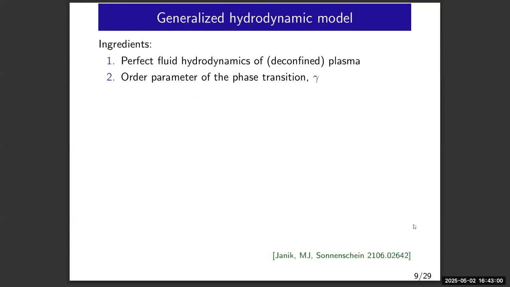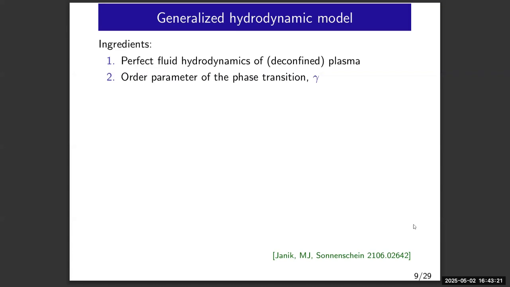But okay, let me then discuss the basic ingredients of this generalized hydrodynamic model I will be using. This is from this first paper. The main ingredient is perfect fluid hydrodynamics, which I use to describe the deconfined plasma.